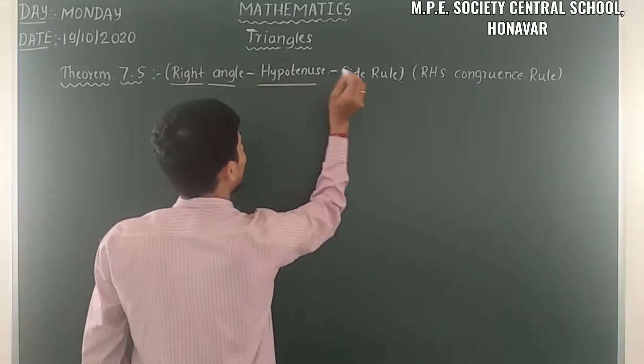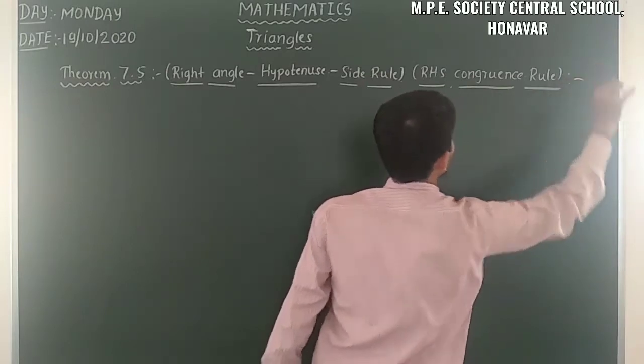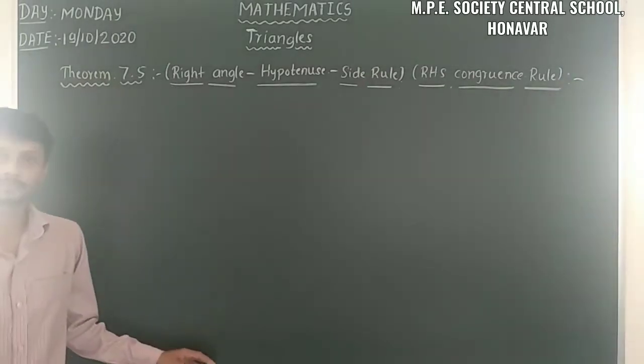Right angle hypotenuse side rule, or RHS congruence rule, we have to take here.